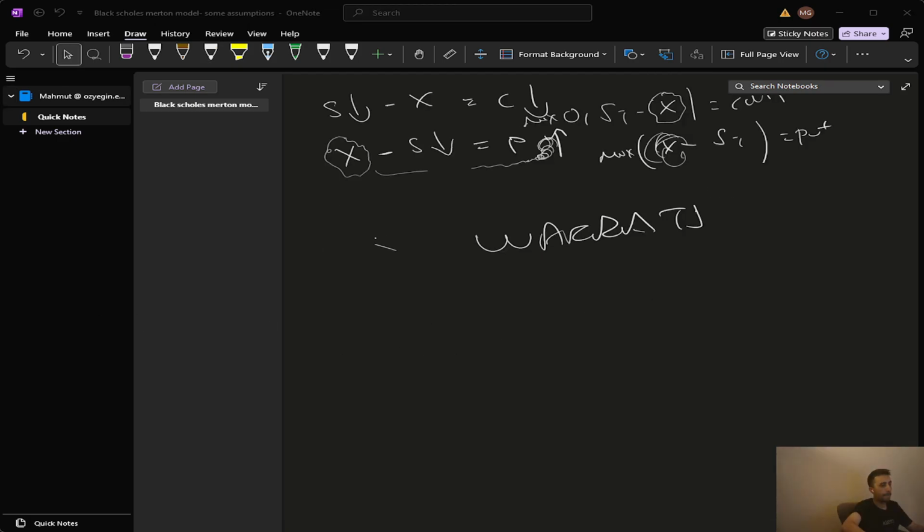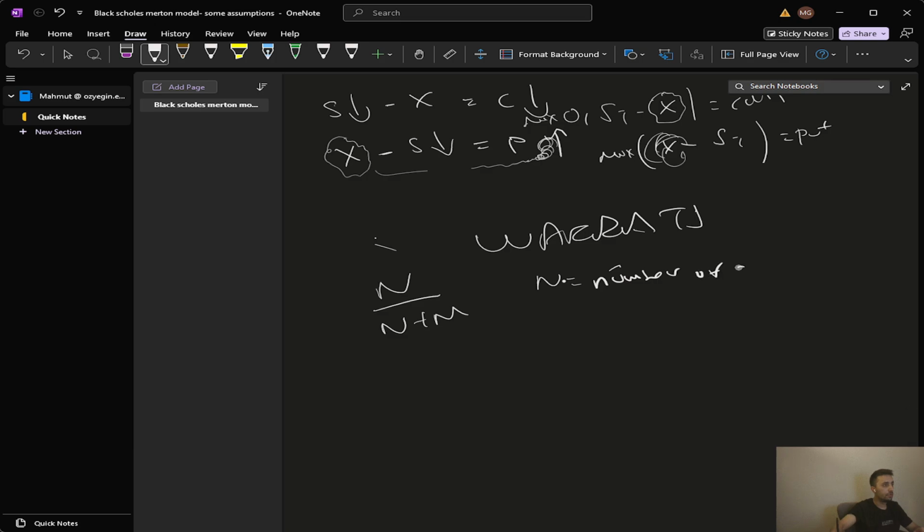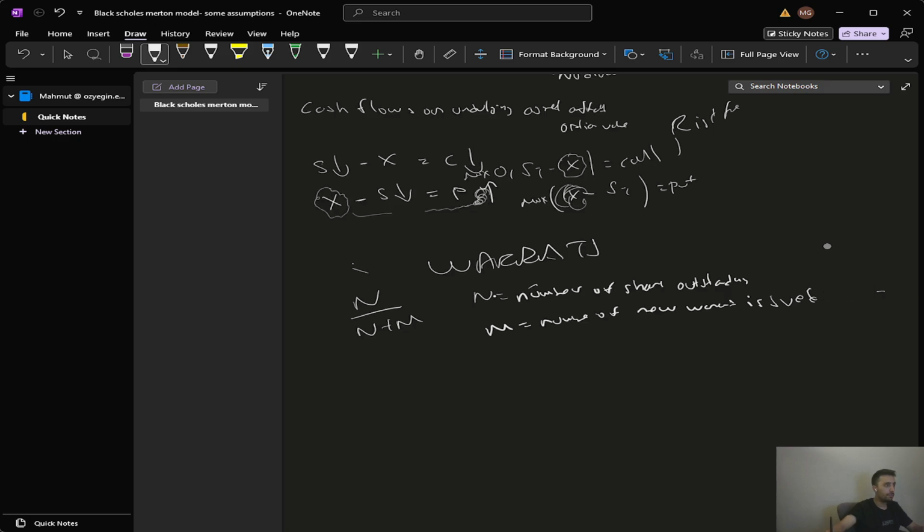Warrants have some formula with some parameters, for instance N over N plus M. What does it mean? N is the number of shares outstanding. M is the number of new warrants issued.